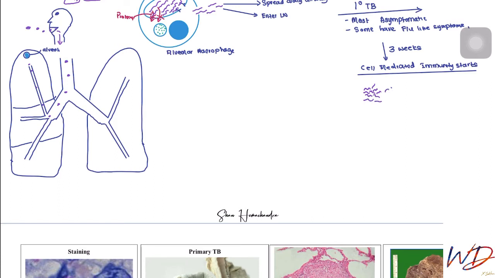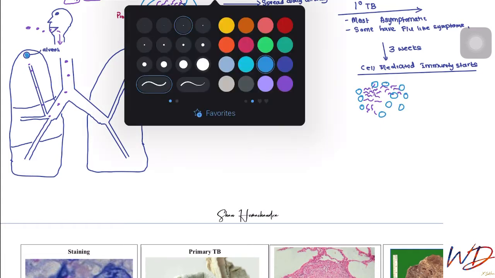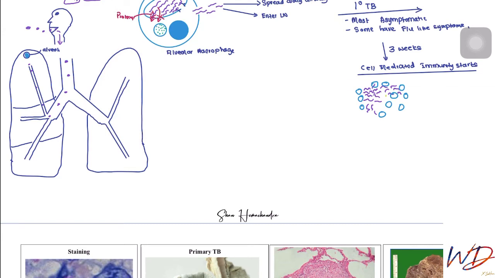Let me draw more TB. These are the white blood cells. It will produce substances. And in the middle, what happens is there is going to be a soup of destruction. Now, these will wall off the infection.